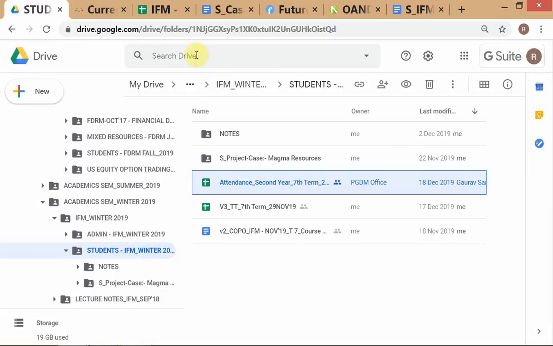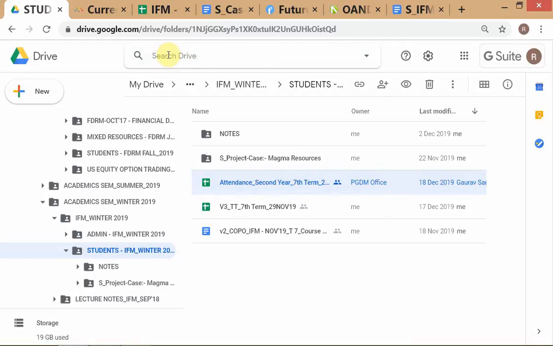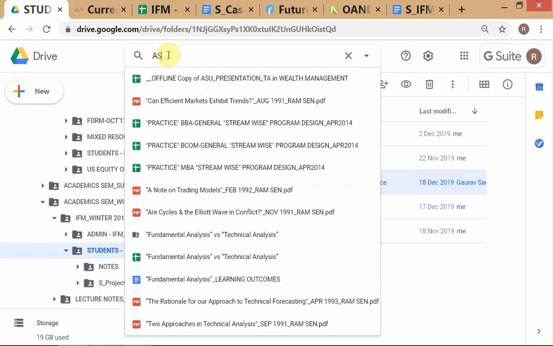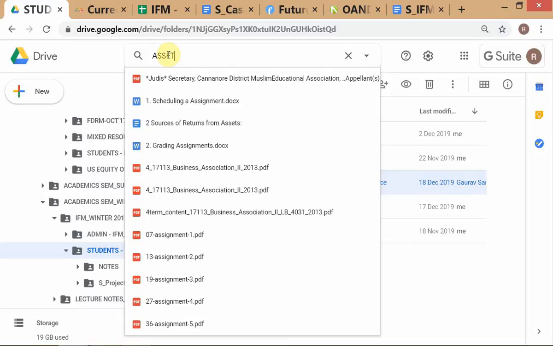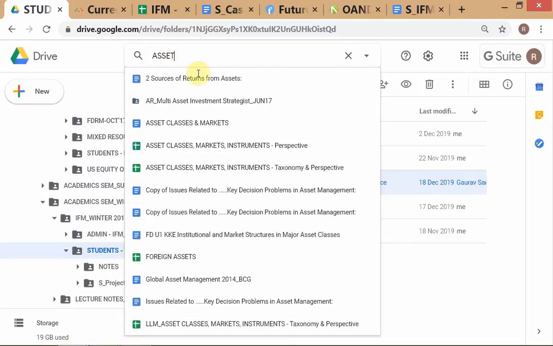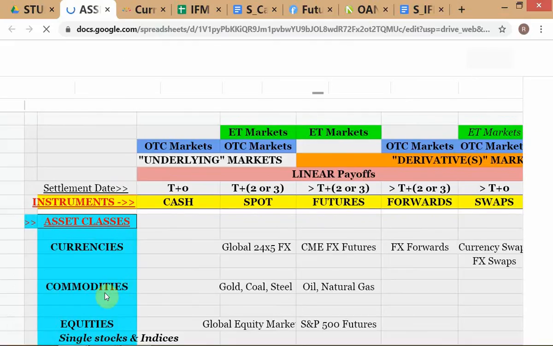There are many constraints on traditional asset managers compared to what is happening elsewhere.